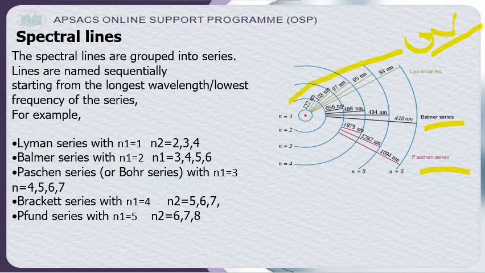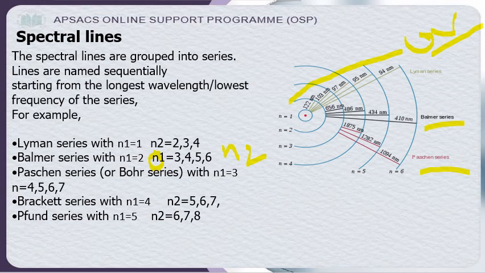For the Balmer series, every time n1 will be considered as 2, and n2, this one is n2, not n1, can be any of the others: 3, 4, 5, 6.